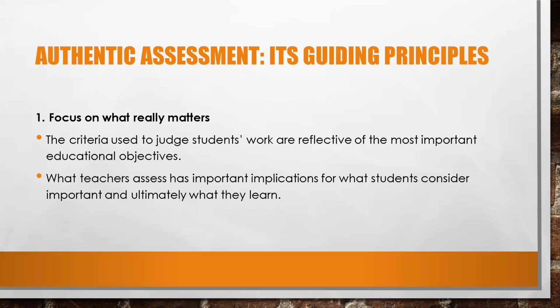In a table of specifications, also known as a test blueprint, we can see whether particular objectives we did consider as more important were discussed more in depth. This will have more emphasis in our assessments.